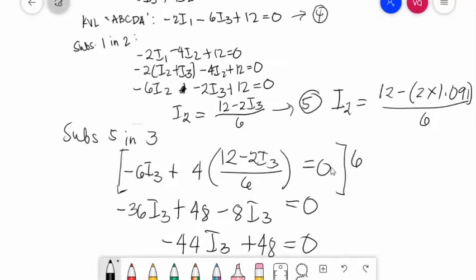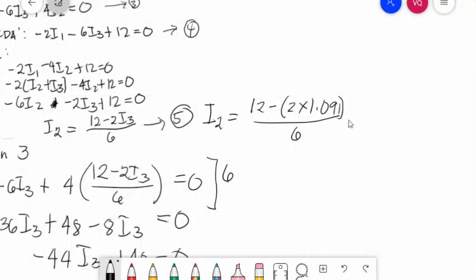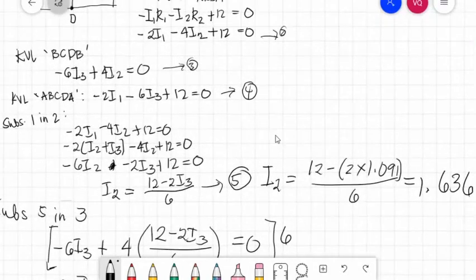So our I2 is equal to 1.636 amperes. Positive again, so that means the direction of current we assumed is correct.